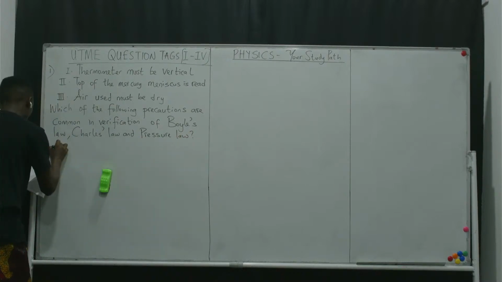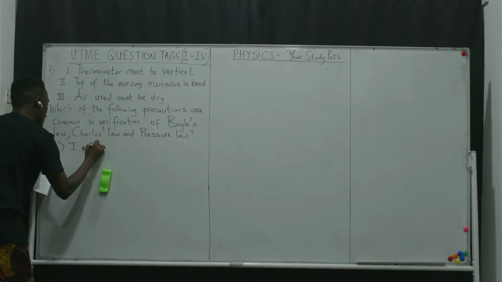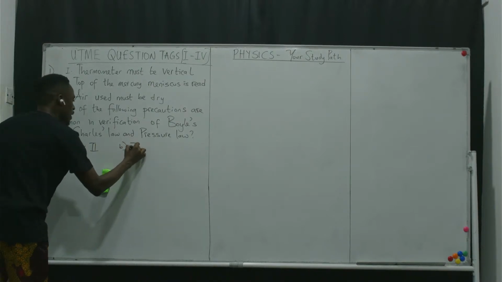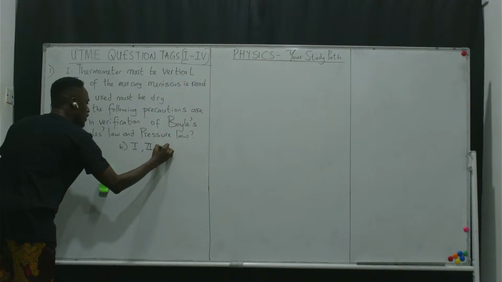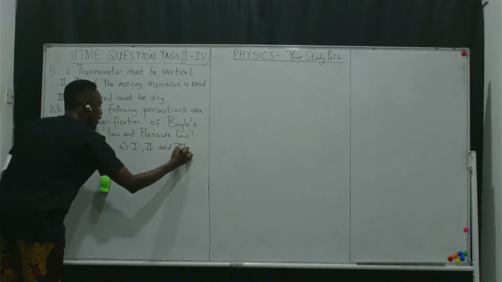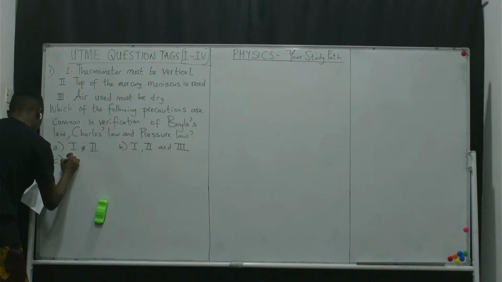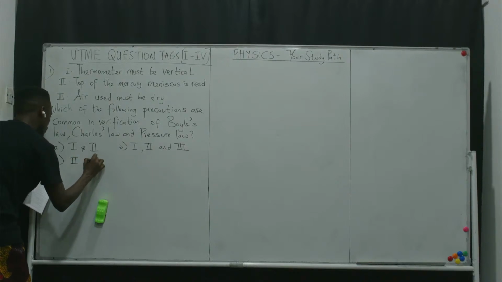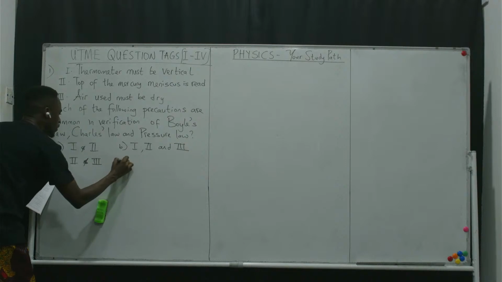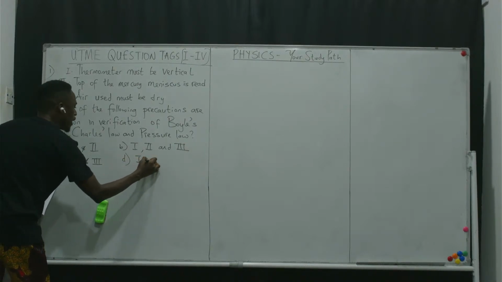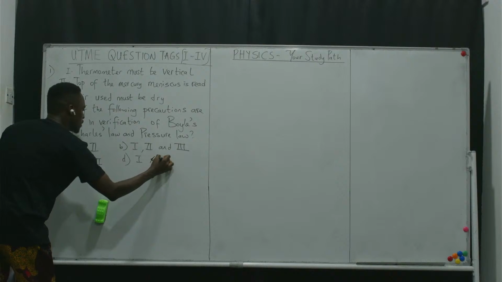Option A has it, I and II. Option B has it, I and III. Option C has it, II and III. Then the last option, D, says I, II and III.